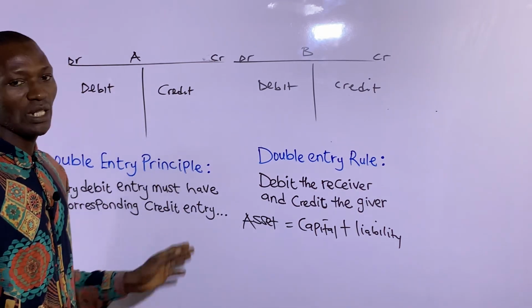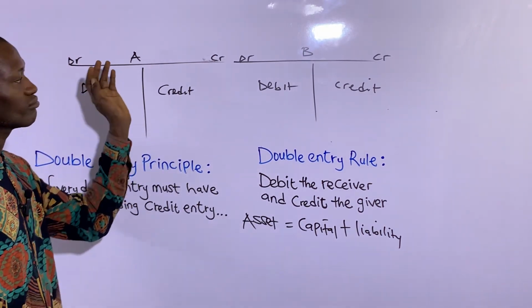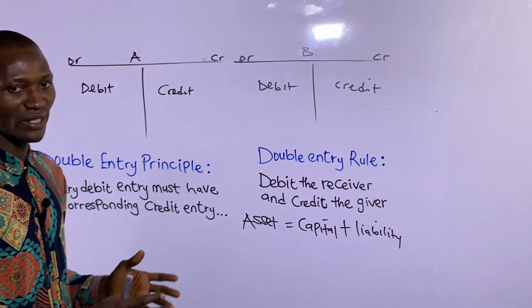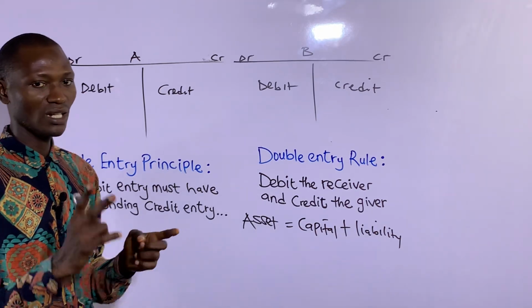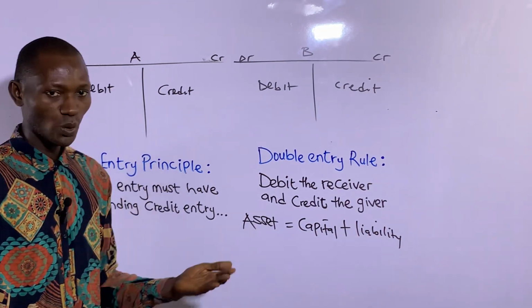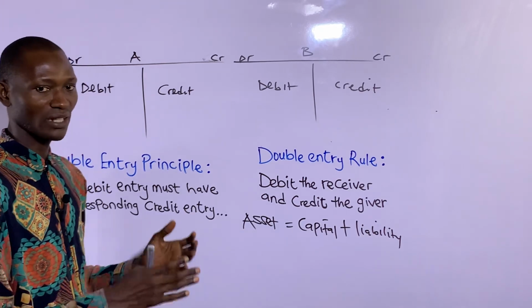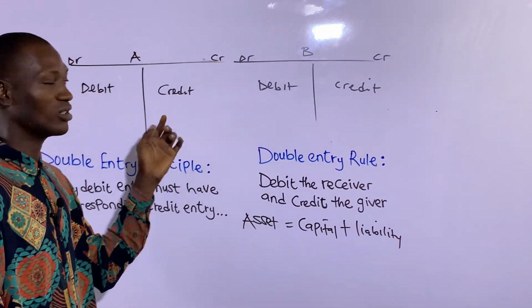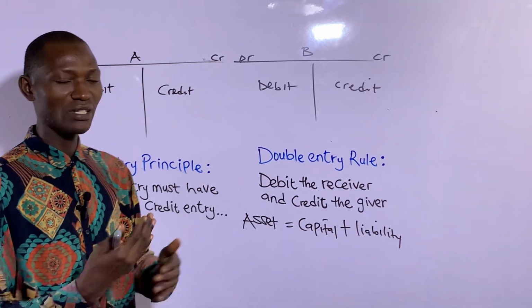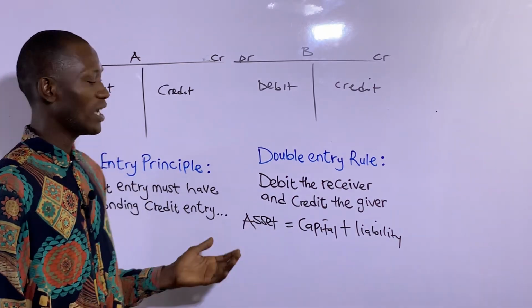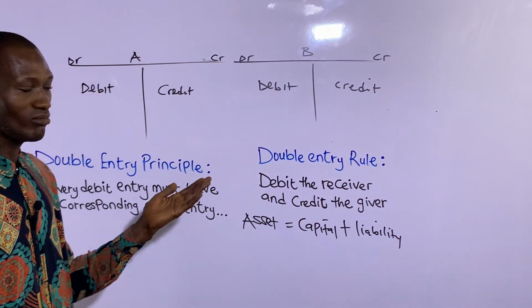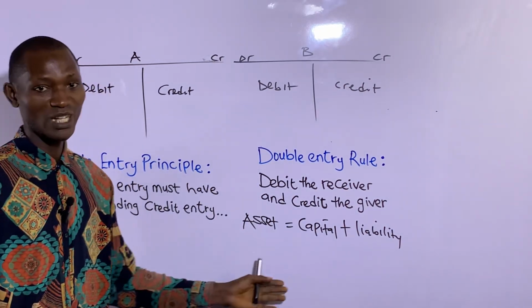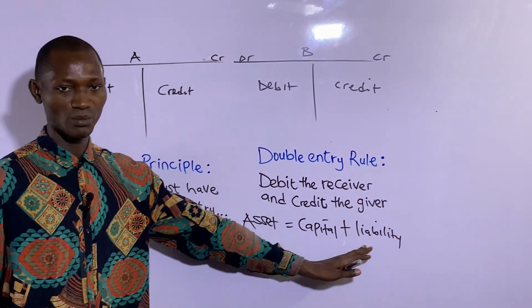So we have been able to talk about the double entry system of accounting, which states that you record a business transaction twice, and that is supported by two reasons. There are always two parties in a business transaction, the giving and the receiving. And we said the dual aspect concept supports the double entry system or double entry bookkeeping: record a business transaction twice. And the dual aspect concept gives birth to the accounting equation, which is asset equals capital plus liability.